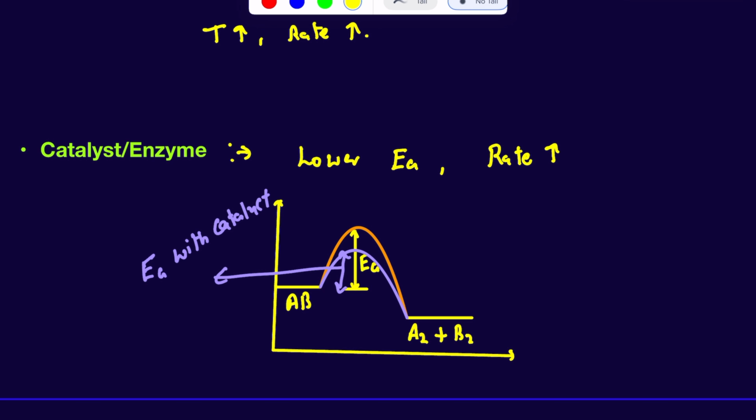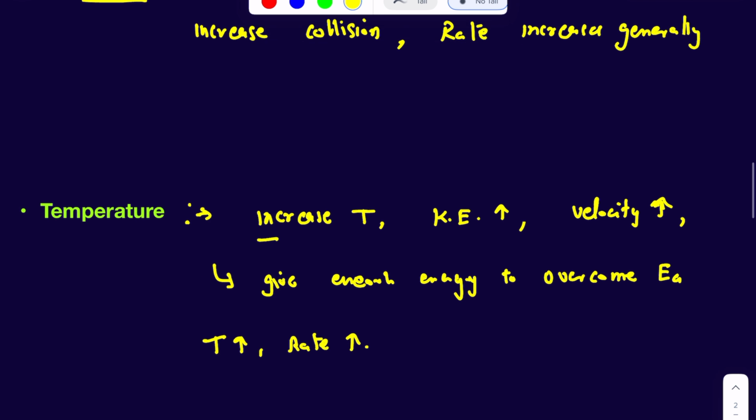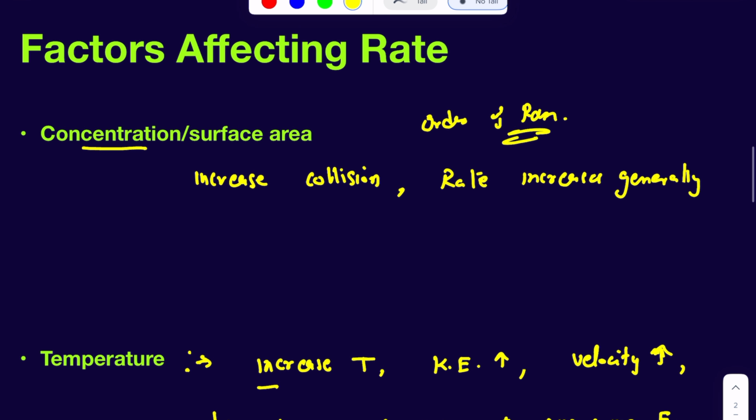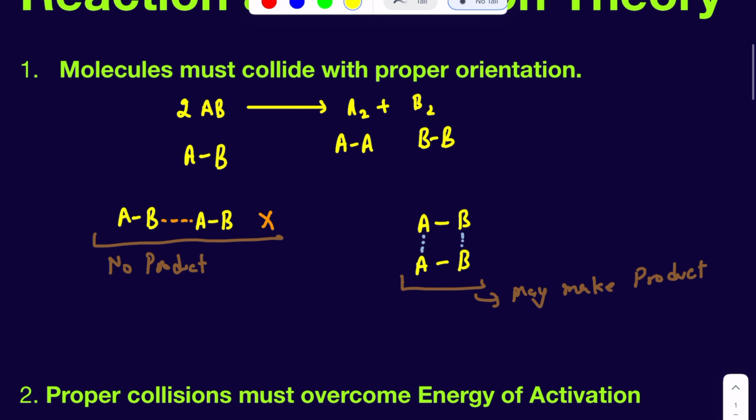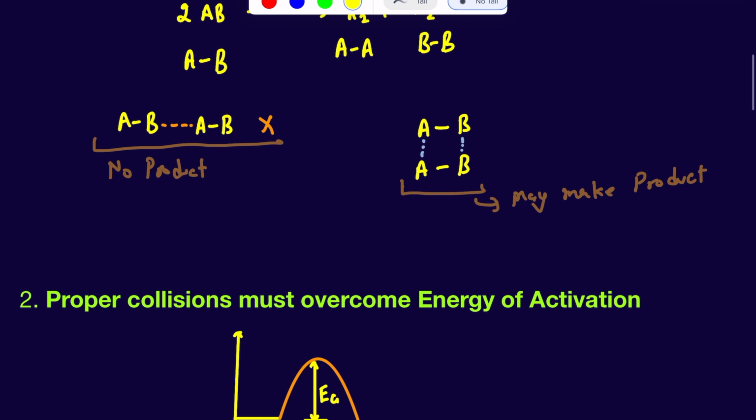So if you have decreased the activation energy here, you will possibly have more collisions going over this hump and making the product in this case. So that's how the catalyst or enzymes help to speed up the reaction. So those are the three things that you have to keep in mind: how the reaction rate is affected by those three factors and what they are really doing in terms of the collisions and in terms of the activation energy.